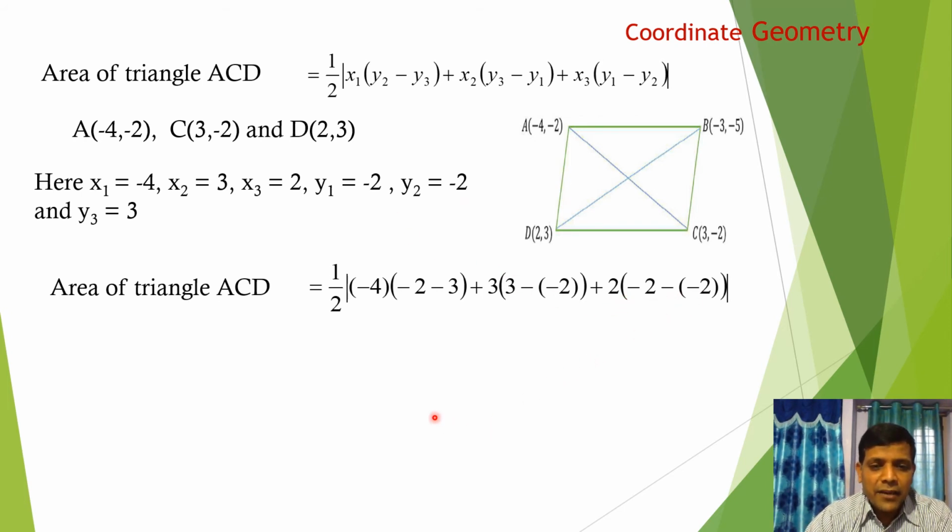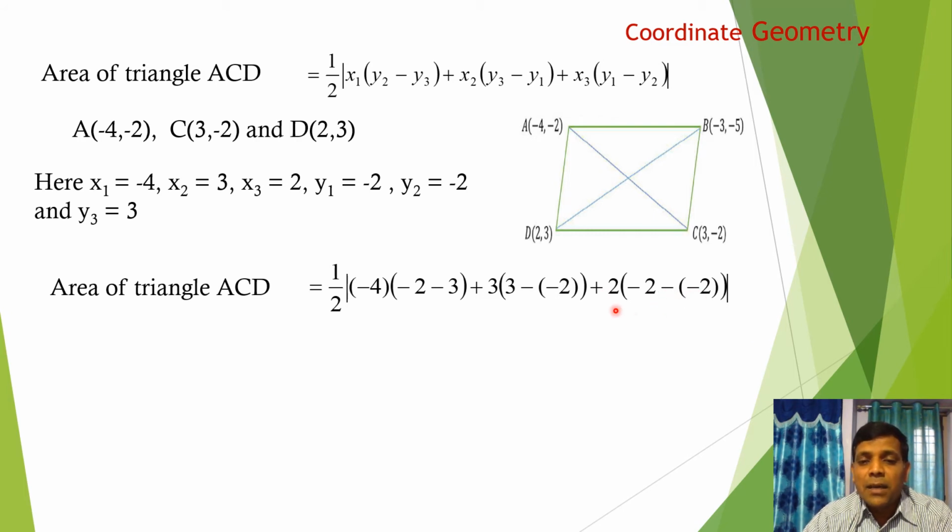Next step, half mod minus 4 into minus 2 minus 3. These two are having same symbols, addition, minus 2 minus 3 is minus 5, plus 3 into 3 minus into minus plus, means 3 minus of minus 2 plus 2. This is written as 3 into 3 plus 2, plus 2 into minus 2 minus of minus 2 plus 2.